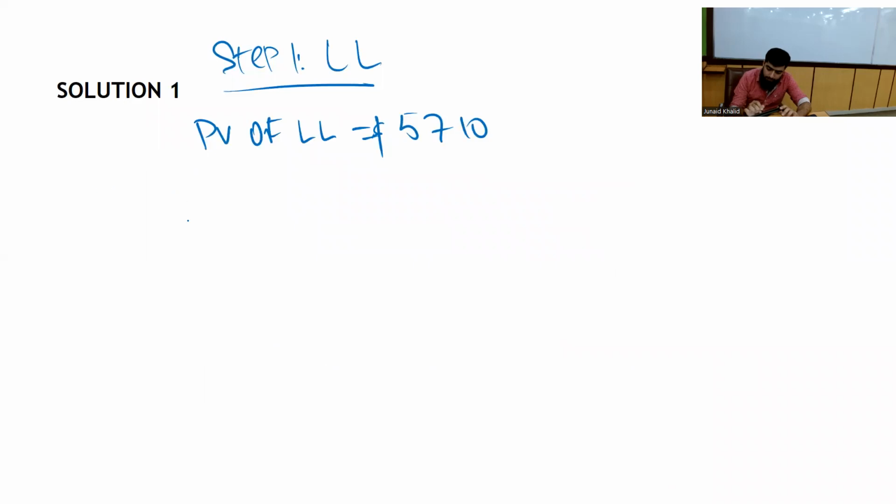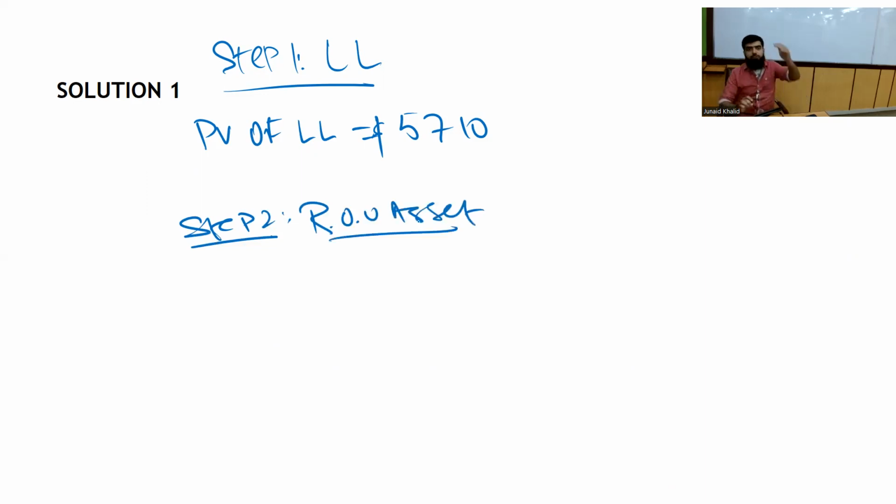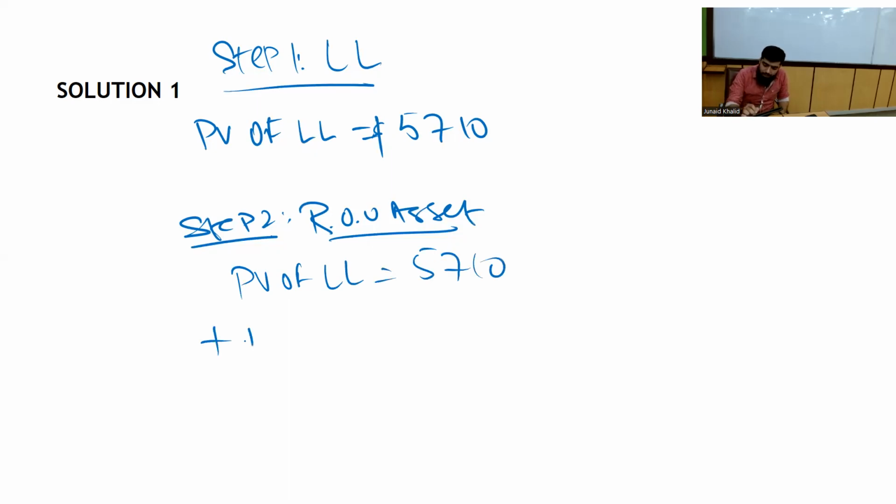Now step two, that is to calculate the right of use asset. And how to calculate the right of use asset? Don't forget, the first component of the right of use asset is the present value of lease liability, that is 5710. Second, initial direct cost, if any, we don't have. Incentive we would definitely have deducted, but there is no lease incentive, there is no initial direct cost, there is no advance.